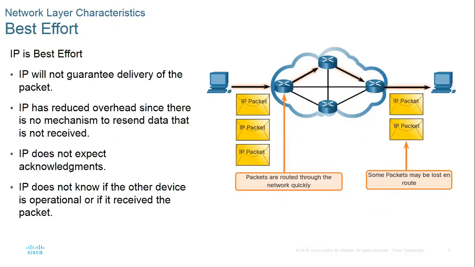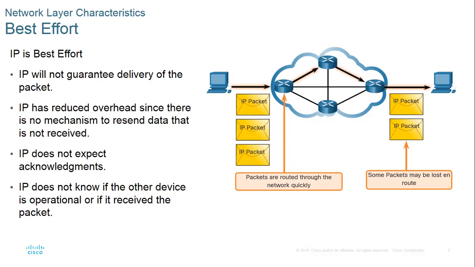What do we mean by best effort? IP is a best effort protocol, which means that for the packets delivered to the destination, there is no guarantee in this delivery. If a certain intermediate node along the path from source to destination goes down, or there are no resources or no route, the packet will be dropped.